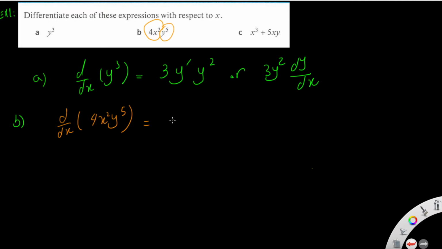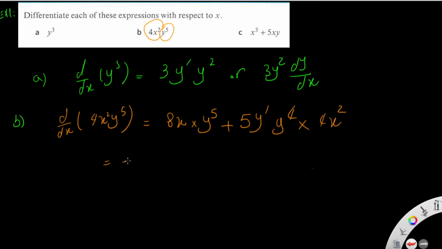So differentiation of 4x squared is 8x multiplied by y to the power of 5 plus differentiation of y to the power of 5. For y to the power of 5, you should use chain rule. So it would be 5 y prime or dy dx, y to the power of 4 times the first function, 4x squared.